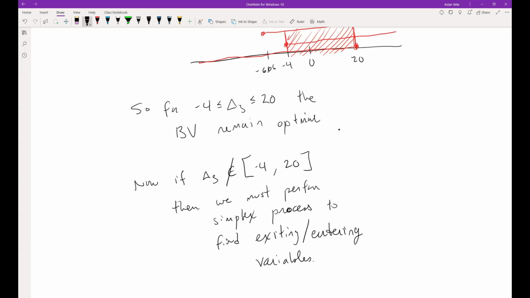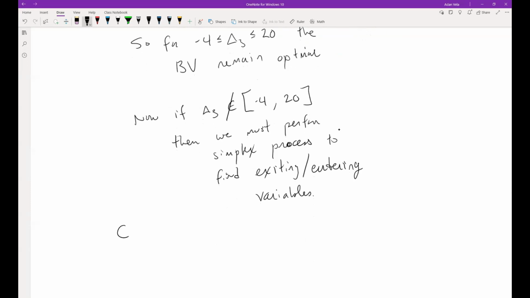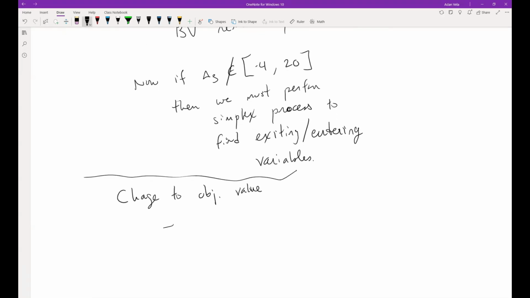So again, the basic idea is that the basic variables will change. Okay. Now, with a change in the CBV, we should expect a change to the objective function, right? And so there will be a change, because the objective value, the Z, right?